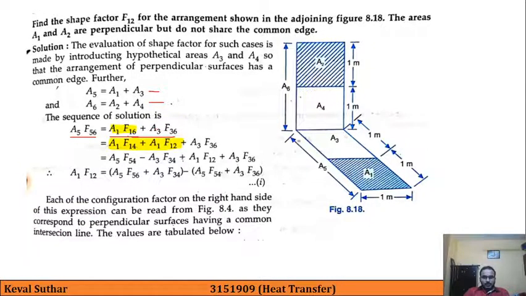So here A1 into F16, we can write as A1 into F14 plus A1 into F12, that is over here.